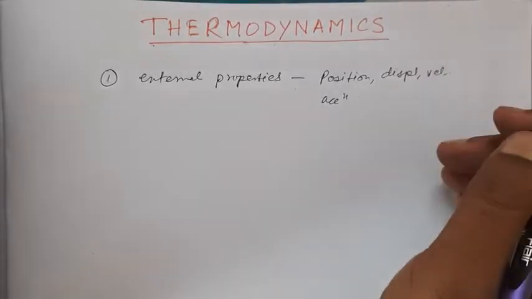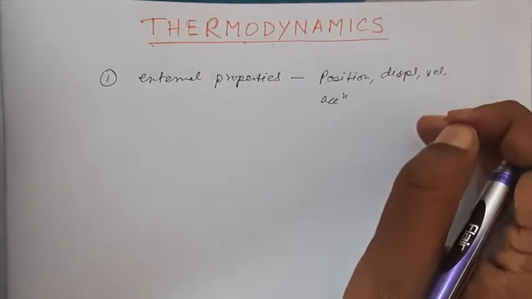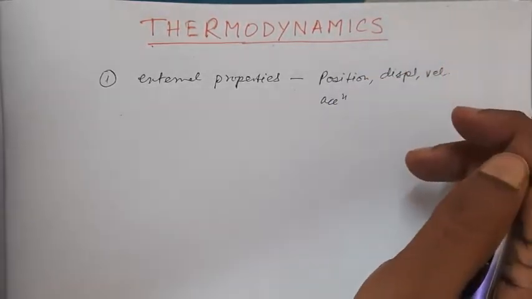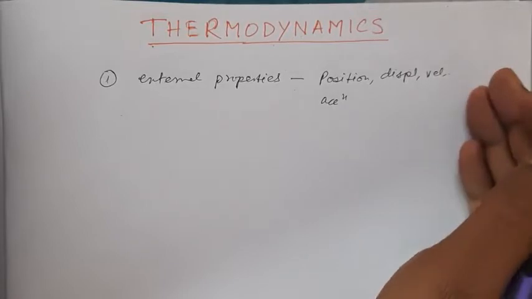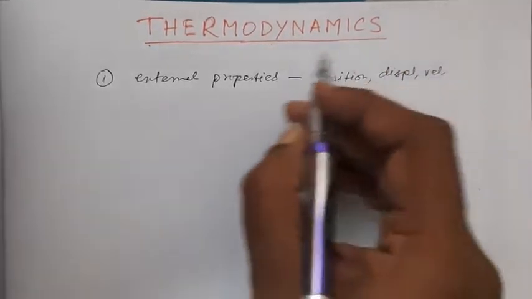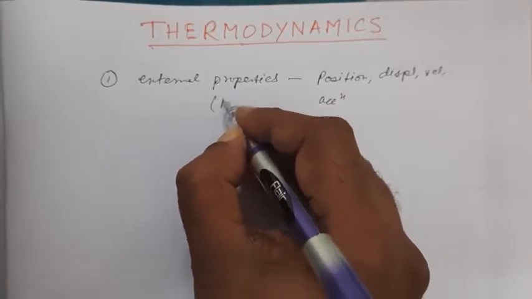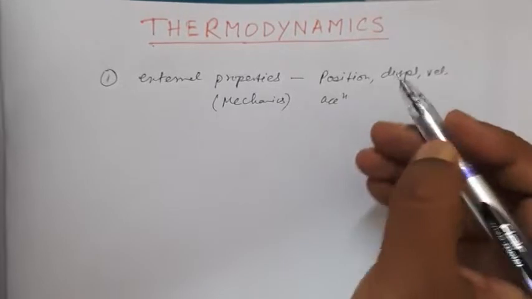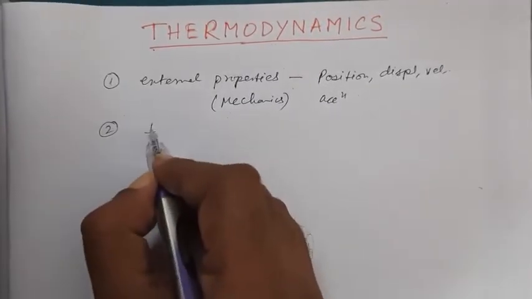Why external? Because from them we get information about the nature of the body. They are already discussed in the subject of mechanics. So external properties are related to mechanics, that part of physics.